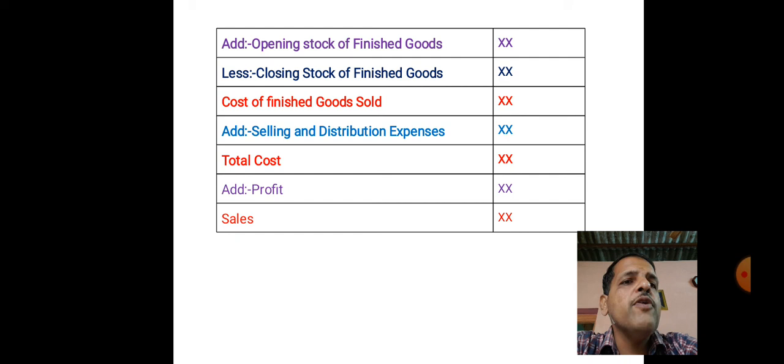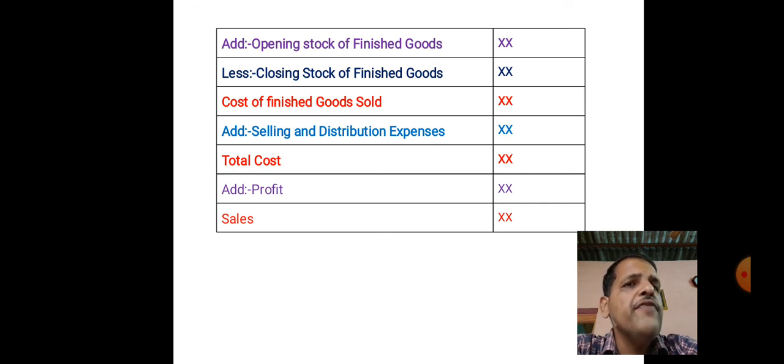Whenever last production process, last year's, last month's stock is there, it should be added, and whatever stock we keep in the godown only, we are not taking for sale, that should be deducted. Now, this addition of opening stock of finished goods and closing stock of finished goods is also important. Then we get cost of finished goods sold.